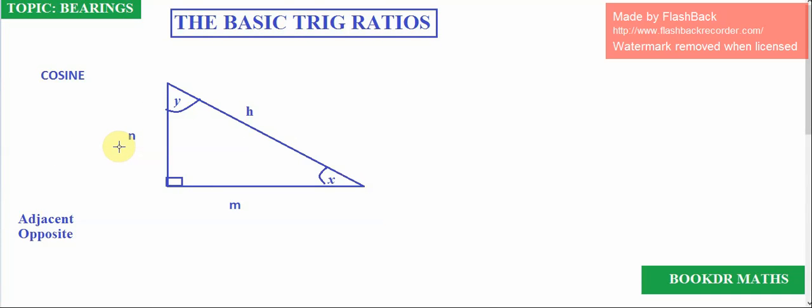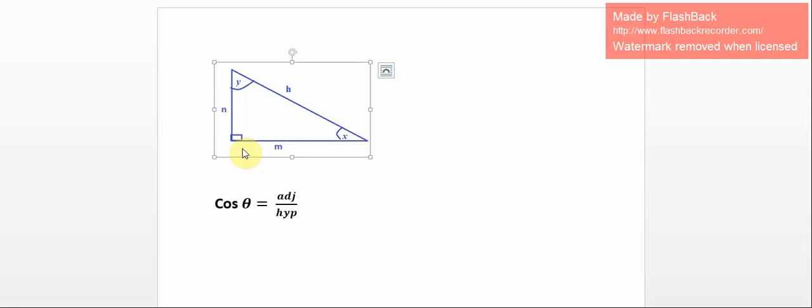There's always a hypotenuse with a fixed name. Then we have one side opposite and one side adjacent, depending on the angle you are talking about. If I'm referring to x, there's the opposite, there's the adjacent. If I'm referring to y, there's the opposite, there's the adjacent. Take note of that. The formula for cos is adjacent over hypotenuse.